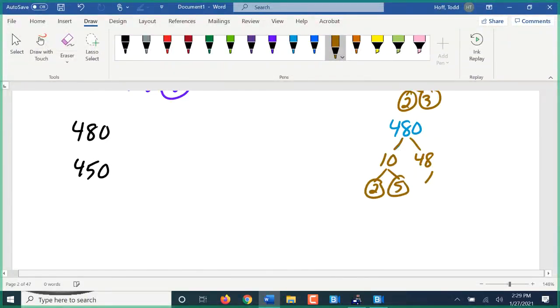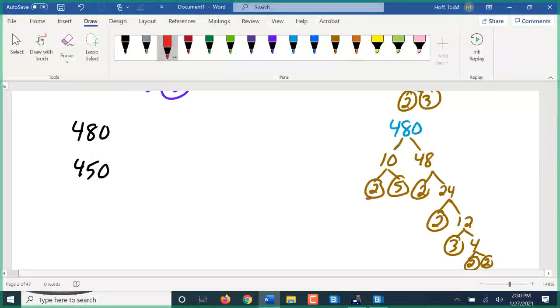Those are both prime, so we'll circle. 48 can be divided by 2, leaving us with 24. 2 is prime. 24 can be divided by 2, leaving us with 12. The 2 is prime. 12 can be divided by 3, leaving us with 4. And 4, of course, is 2 and 2. So we have 2, 2, 2, 2, and 2. 5 of them.